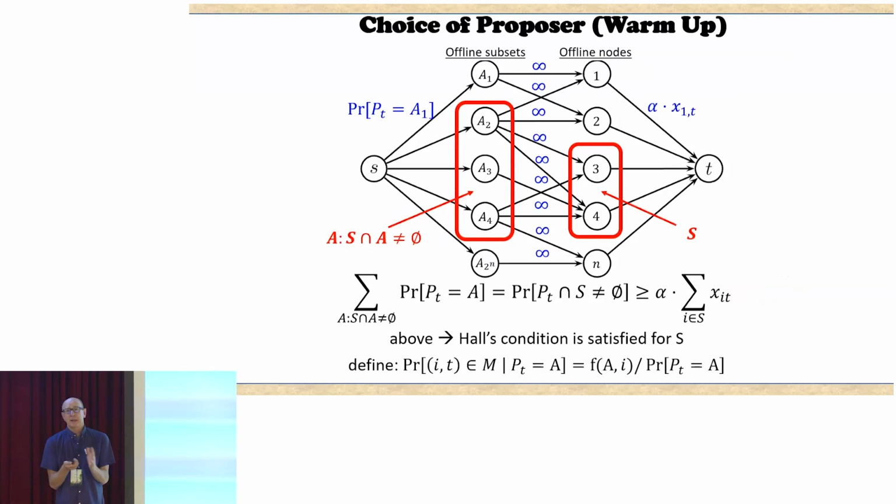Now, up to now, the only alpha that we can guarantee is 1 minus 1 over e. Now, the question is, how can we increase the value of alpha and then run this procedure to pick one of the proposers?